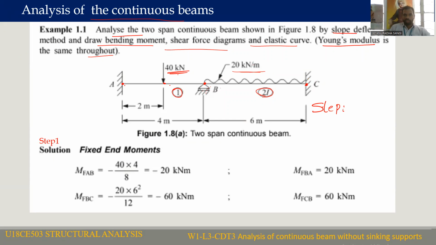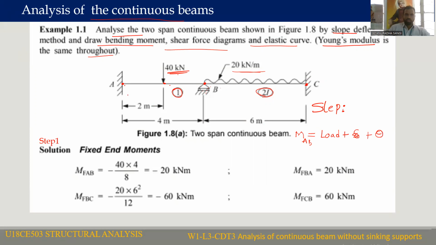For the calculation of final end moment by the slope deflection method, as I told you in the previous classes, the final end moment is due to, first, loading, and second, settlement of support, denoted by delta, and rotation of support.